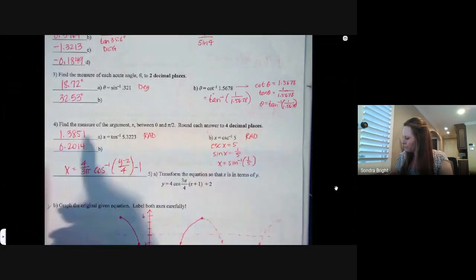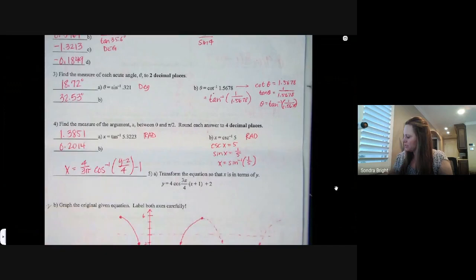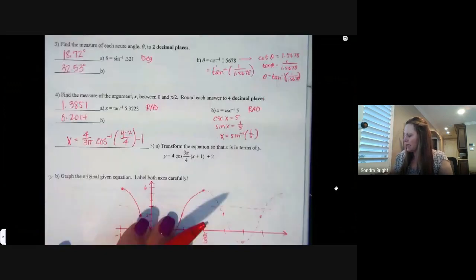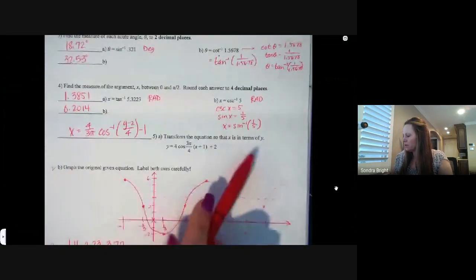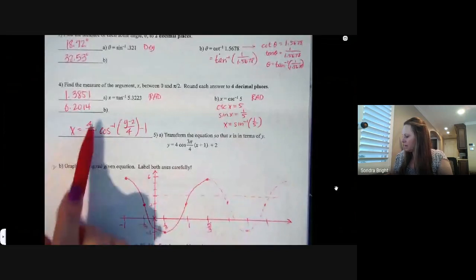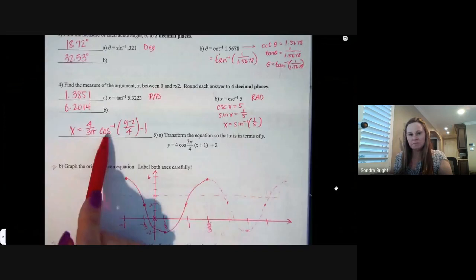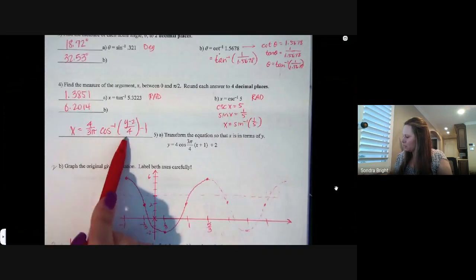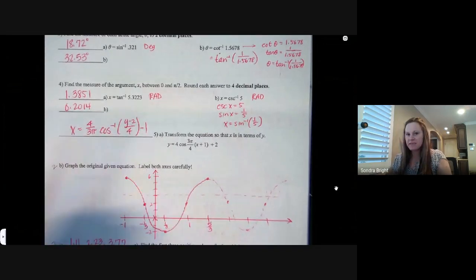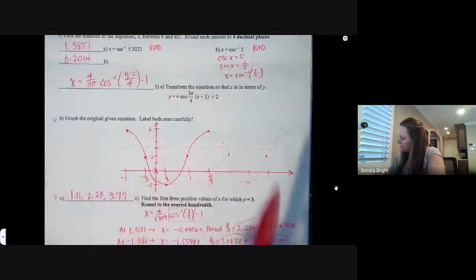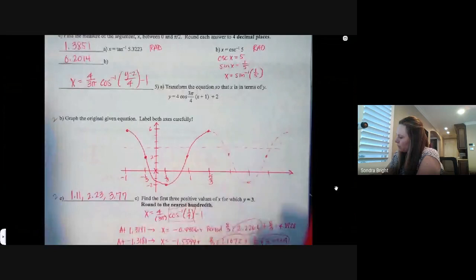Transforming this equation so that x is in terms of y, you should have gotten x is equal to 4 over 3 pi inverse cosine of y minus 2 over 4 minus 1. Graphing the original equation, your a was 4.